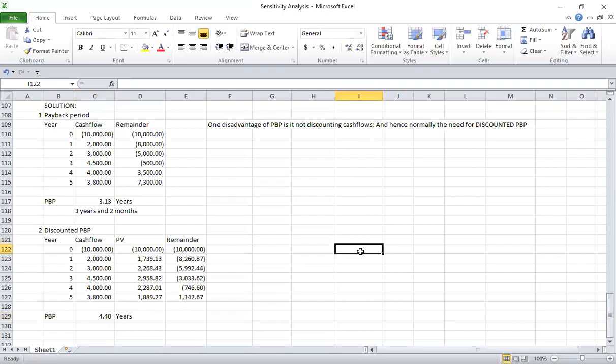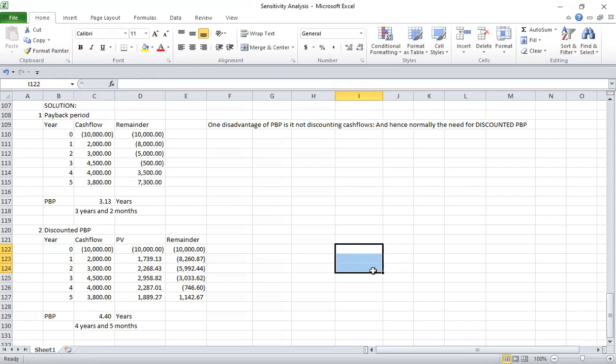So 0.4 of a year will be 0.4 times 12, that's about 4.8, so about 5 months. So we therefore need 4 complete years and 5 months.